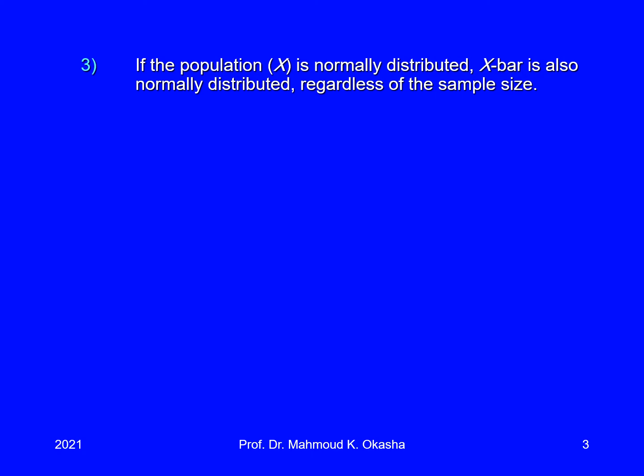It has the same shape, regardless of the sample size. Whatever the sample size, even if the sample is only 2 or 3 units, and the population X from which we draw the sample is normally distributed, then X bar is normally distributed. That's a definite, exact result.